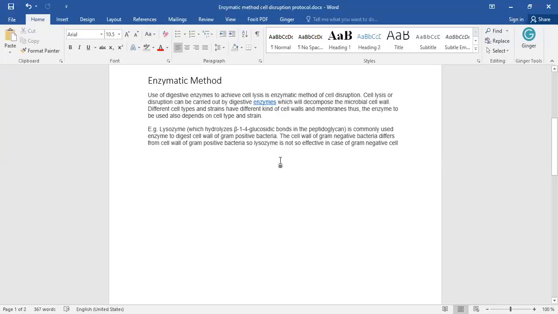Lysozymes are enzymes which cleave this bonding. If the bonding in the peptidoglycan layer is degraded, the cell wall gets disrupted, and this layer is the outermost layer.